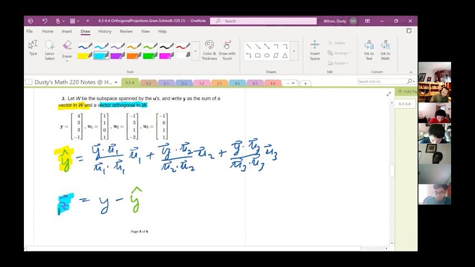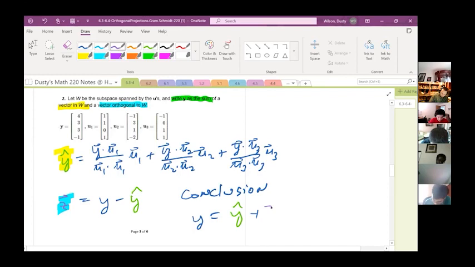And then the question asks us to write Y as the sum. So at the end of the day, we're going to have the conclusion that Y is equal to Y hat plus Z.